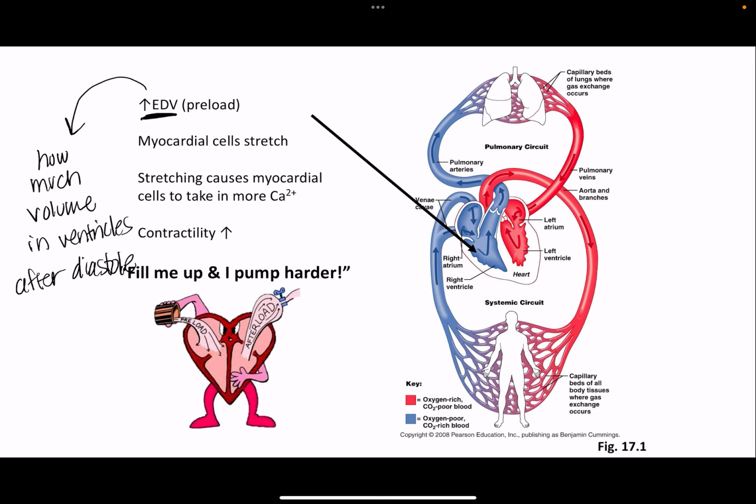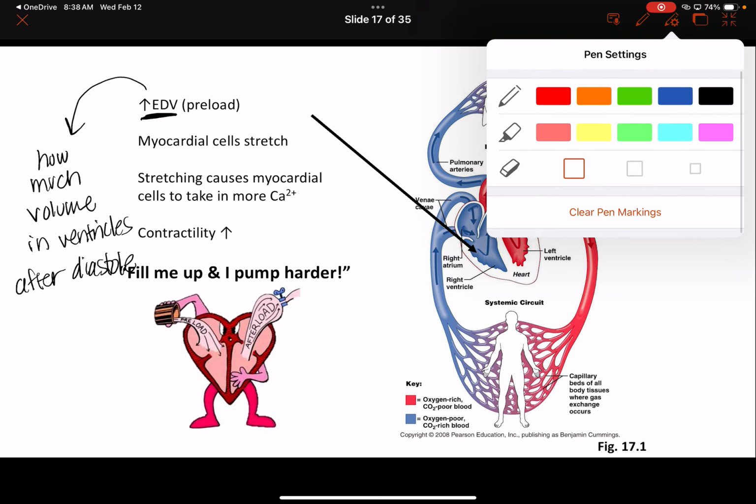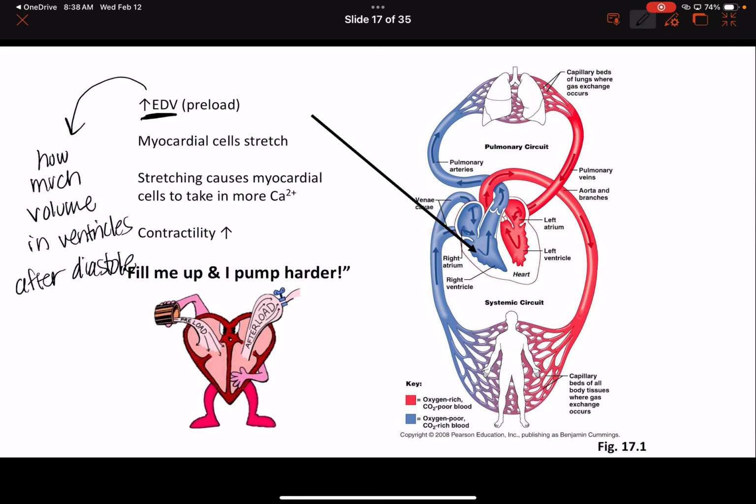So remember we said that when we're exercising, that causes our skeletal muscles to squeeze on our veins, and that returns more blood to the heart. So if we increase venous return, that's going to lead to an increase in end diastolic volume.